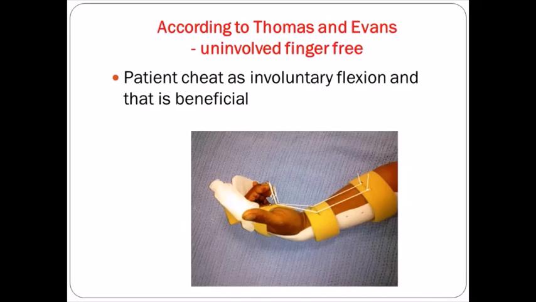In day-to-day activity, if this finger is involved with the rubber band, these three are free, so they can move anytime. This movement, this cheating, is in fact cheating, but sometimes this cheating is beneficial. So that's why when there is one finger affected, I go for only one finger traction with this rubber band, and these three fingers are left free.